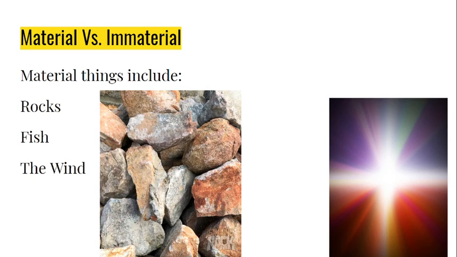Even though you can't see the wind, it is still a material thing. It's still something that takes up space and has mass. And then finally, your body. All four of these things on the side here are material things. And when you think about physical stuff you can touch, all of these things in general, you could even pinch yourself right now if you felt like it.